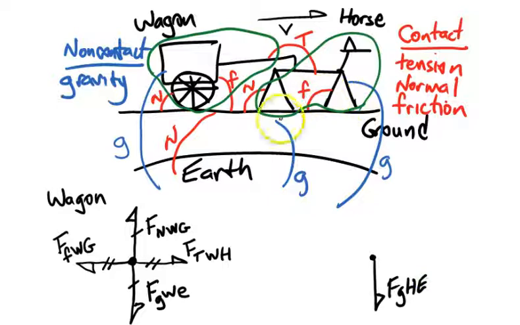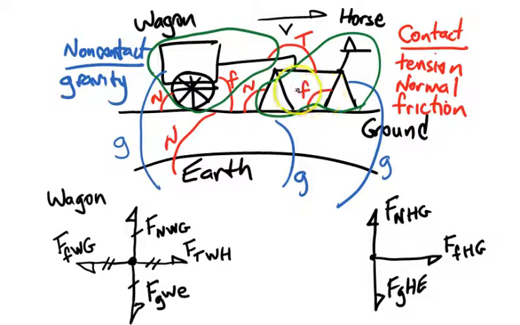Okay. I have a frictional force, and what's interesting is a frictional force is actually going to be forward. I could think of it this way. If there was no friction, what would happen? The horse could not move forward. So it's a frictional force that moves the horse forward. Again, I have a normal force. Force normal on the horse from the ground.